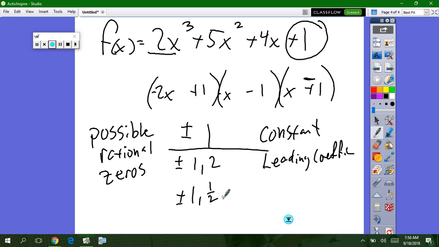Okay, why is it okay that it's either 1 or a half, plus or minus in this case? Well, think about it. What's the value that could be here if this was x plus 1? -1, right? Oh, that's a possibility, wasn't it? What's the possibility here if this was x minus 1? 1. How about here? 2x plus 1. -1/2, if it was 2x minus 1. +1/2.